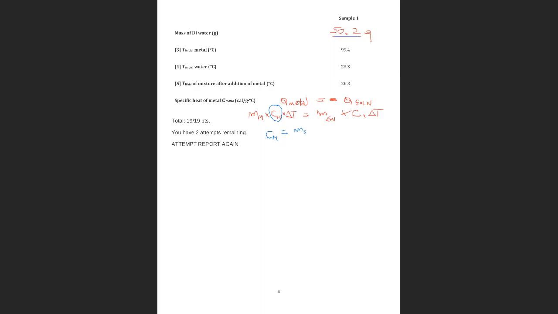So the mass of the solution times the specific heat that you know is 1 calorie per gram per Celsius times the delta T, final minus initial, divided by the mass of the metal times the delta T of the metal, that is going to be different than the delta T of the solution, because the initial temperature of the metal was hot, and the initial temperature of the water was a different temperature. Does it make sense?